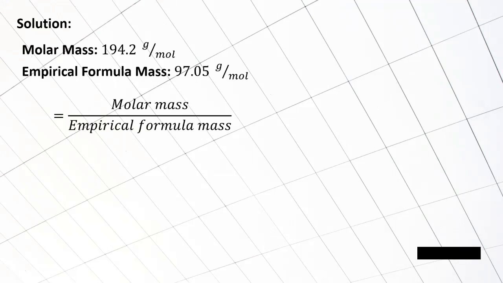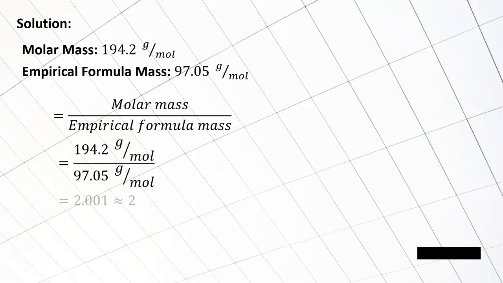And according to what we have solved earlier, we have 97.05 grams per mole as our empirical formula mass. Here we will just input our values into our equation, so we will now have 194.2 grams per mole divided by 97.05 grams per mole. By simplifying this, we will get 2.001, which will then be rounded off to the nearest whole number, since again we're dealing with ratios here.